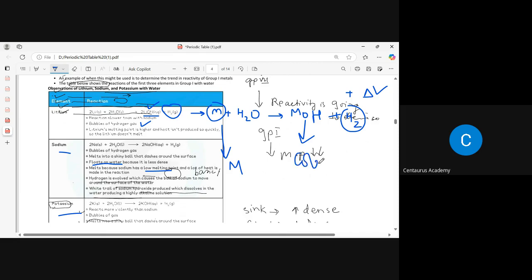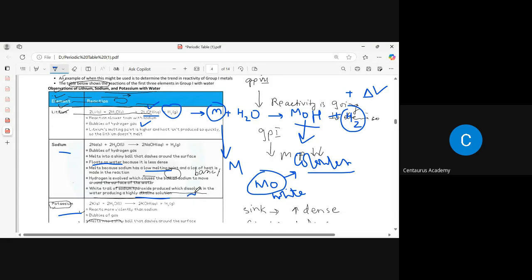Let me repeat myself. I said that group 1 and group 2 metal oxides tend to be white in color. They're white oxides, solid white oxides. But if they're dissolved in water, they form their own metal hydroxide, which is going to be colorless. So sodium hydroxide is highly alkaline.